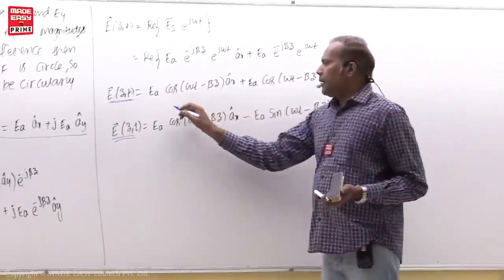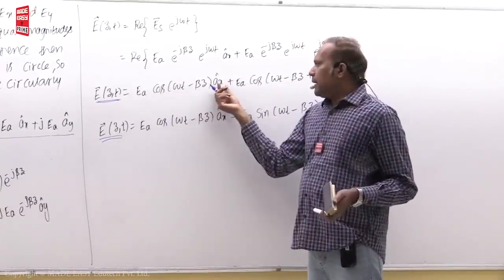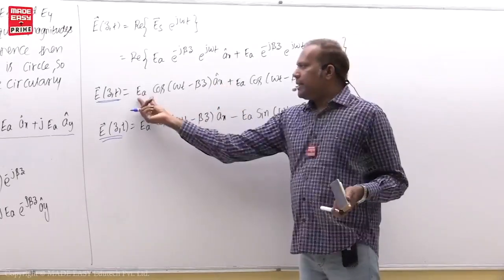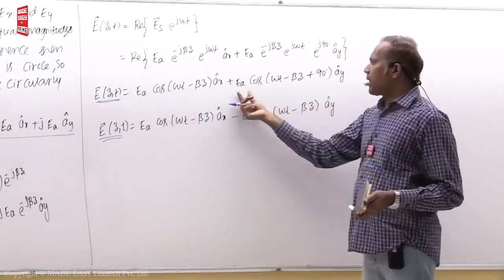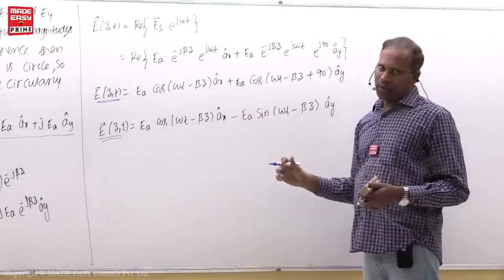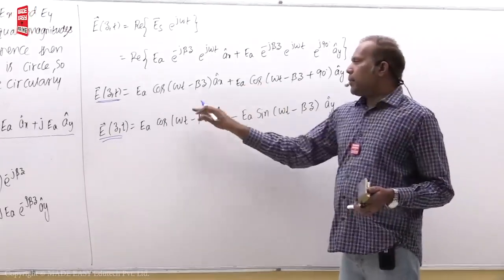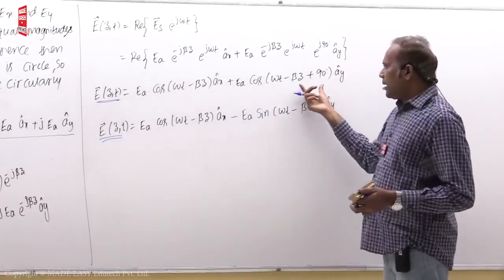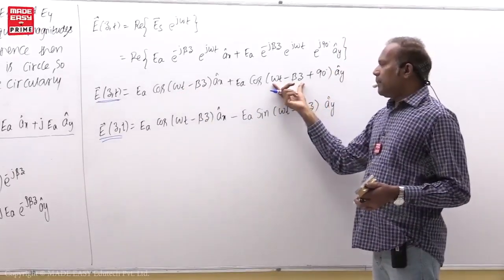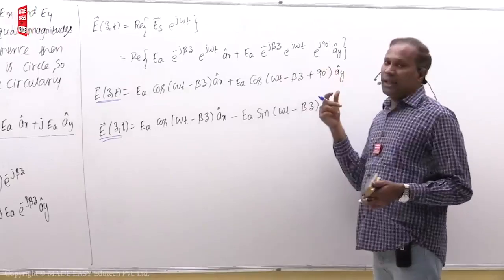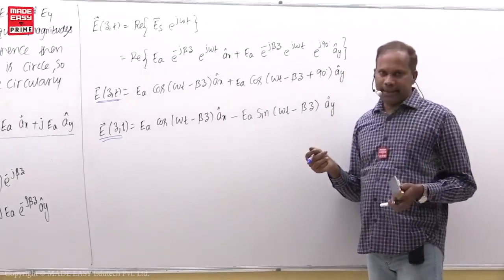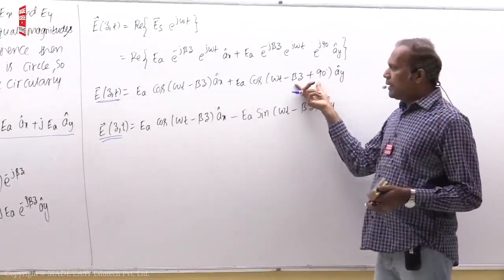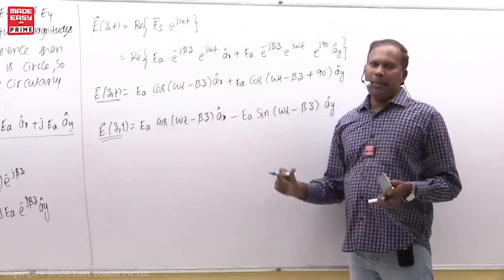Here also the same information. The X component magnitude is EA, the Y component magnitude is EA. Both have the same magnitude. The X component cos term has phase omega t minus beta z. The Y component cos term has phase omega t minus beta z plus 90 more. Plus 90 means leads. So the second component leads the first component by 90 degrees.